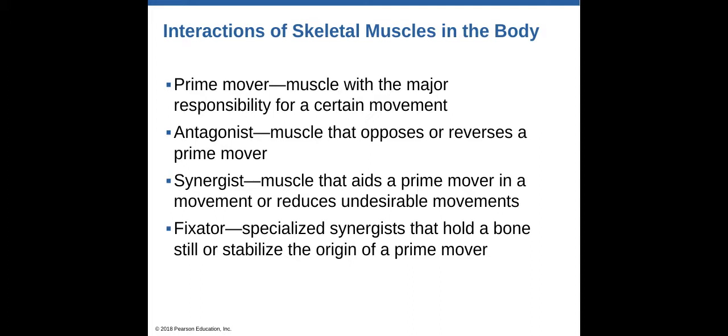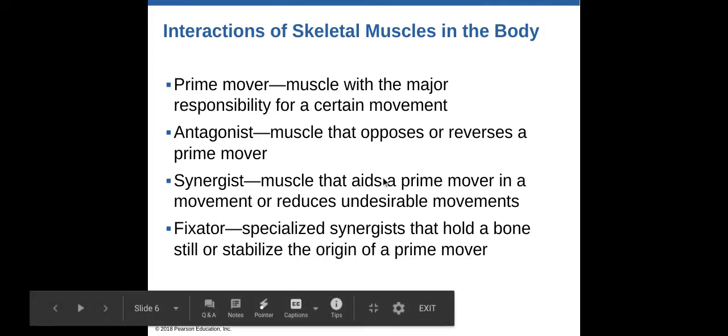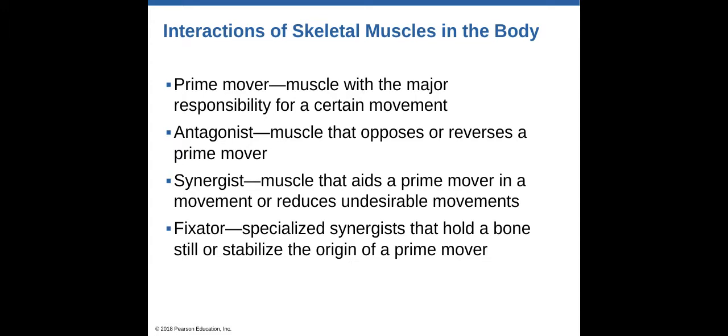A synergist is a muscle that aids a prime mover in its movement. And then a fixator is a special synergist that holds a bone still or stabilizes. So just some more terms to know with interactions of muscles in the body.